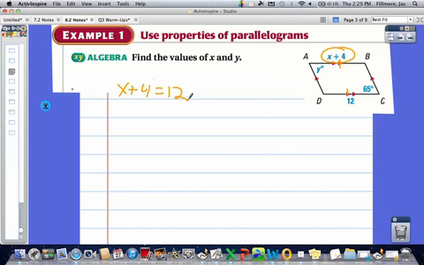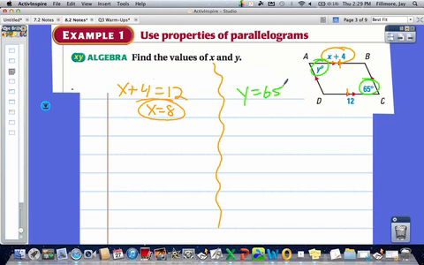Subtracting 4 from both sides, x equals 8. Secondly, we need to solve for y. This one has a degree symbol, so it's an angle, and y is across from 65. So y will simply be equal to 65. Simple enough, right?